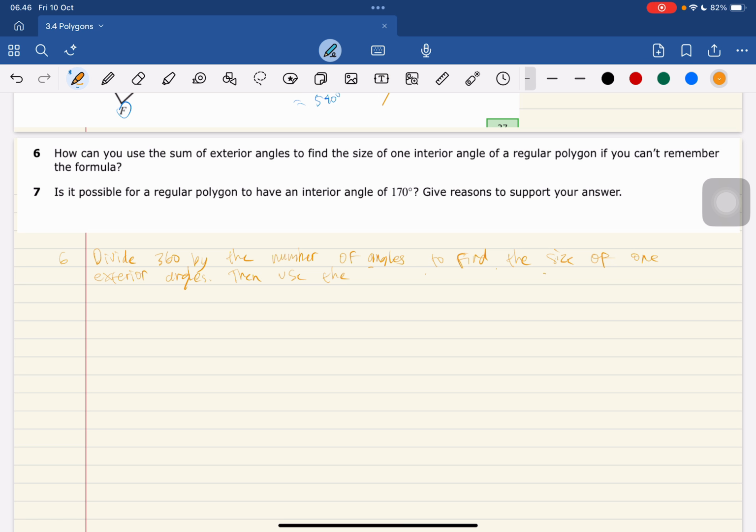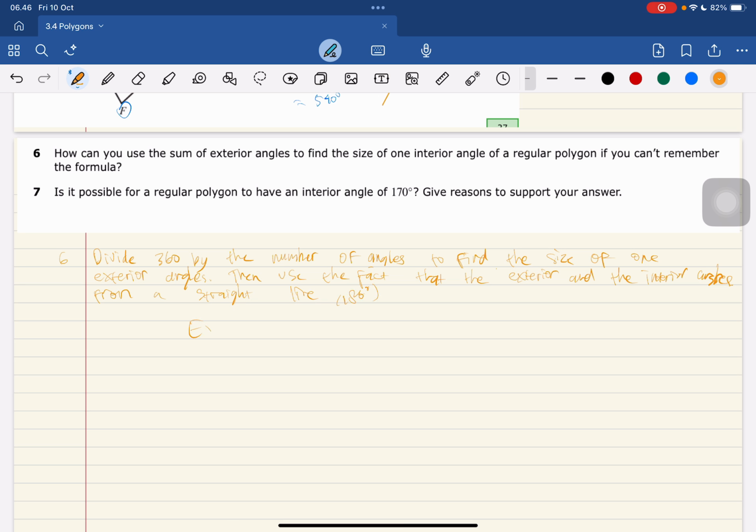Write the fact that the exterior and the interior angle come from a straight line, which is equal to 180 degrees.